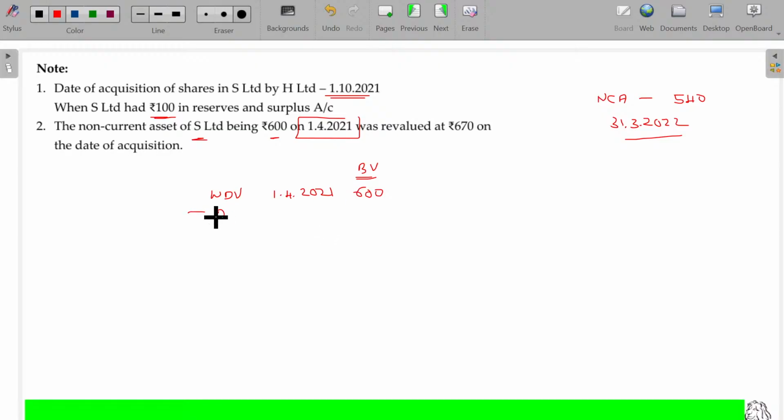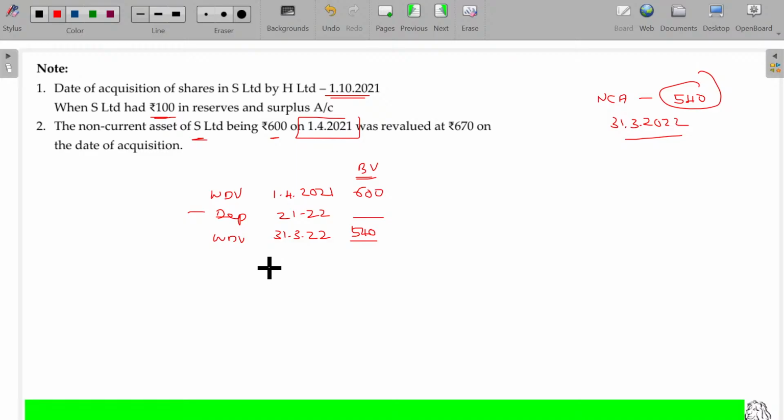From that, you have to subtract the depreciation for the year 21-22. Then the WDV as on 31/3/2022 is 540.